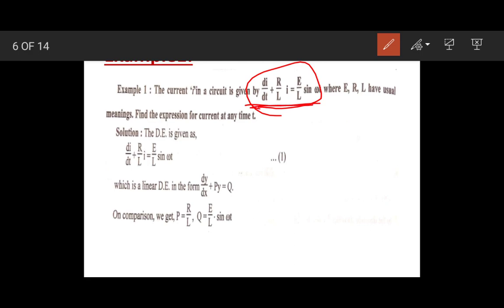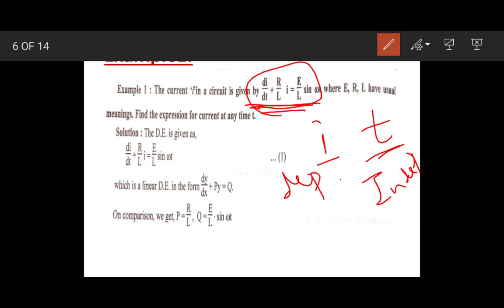Here we are interested in the rate of change in current, which is denoted by I, with respect to time, which is denoted by t. So my variables are I and t, where t is the independent variable and I is the dependent variable.